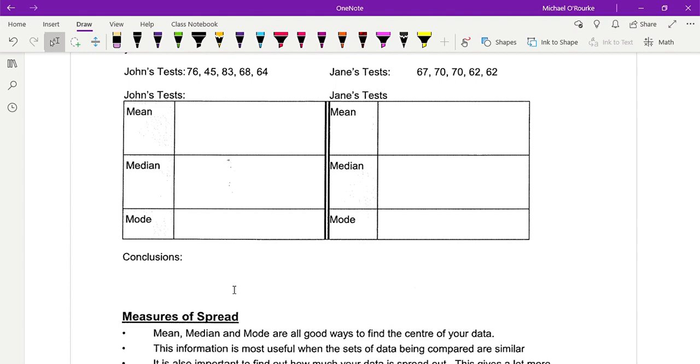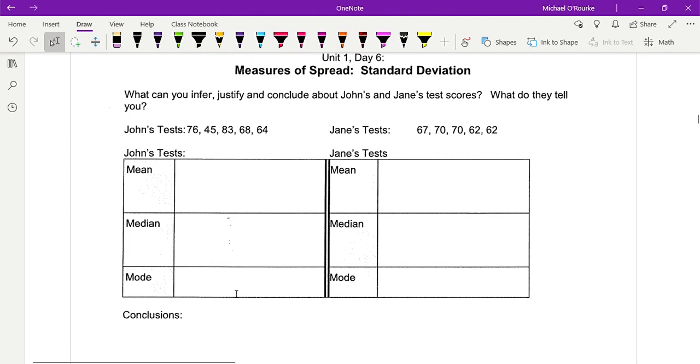So we have two students, John and Jane. And here are their test results, from, I don't care what course. Name me a course that this is from. That's boring. Math. Alright. So here are their math marks. How can we tell who's the better student? How do we know this?